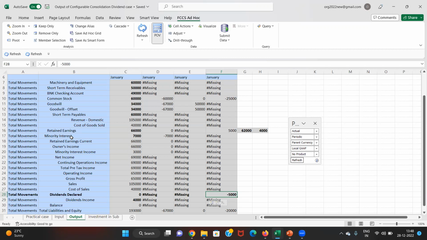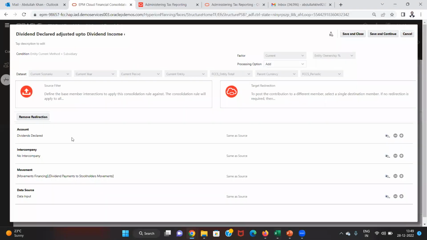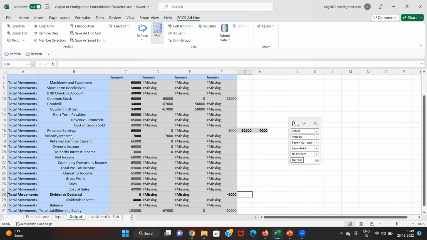So I want to create a rule so that the dividend declared shows up as 4,000 in the C level under C600. For that, I will have to adjust this negative 5,000 by 80%, so that the elimination amount is just minus 1,000 and the rest, 4,000, gets rolled up here. 80% of 5,000 is 4,000, so we'll add 4,000 to a negative of 5,000.